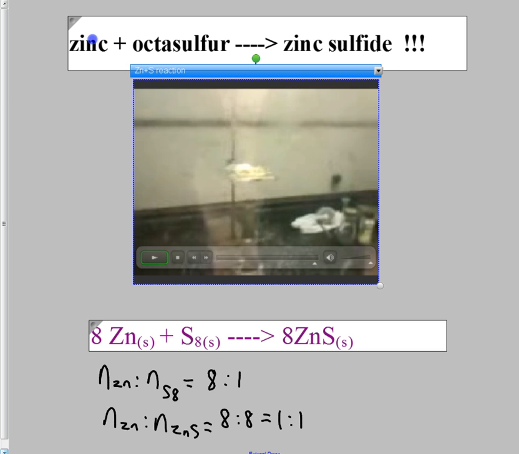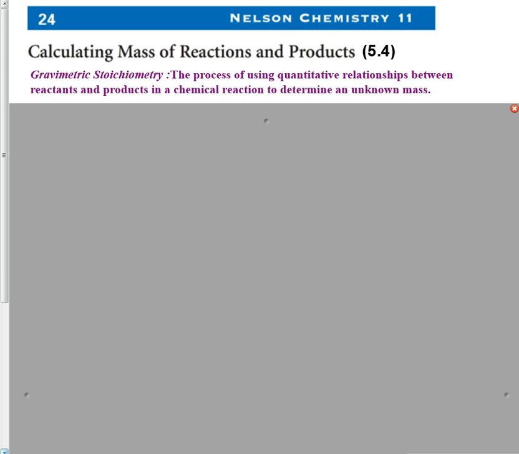Now, gravimetric stoichiometry. Stoichiometry relates to masses or amounts of reactants and products in a chemical reaction. Gravimetric just refers to quantitative relationships using a mass. There are other possible relationships which we could use, such as volume, pressure, concentration, maybe density.